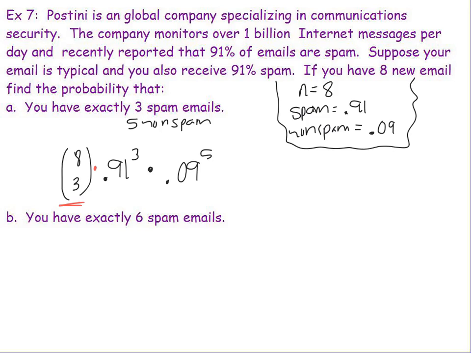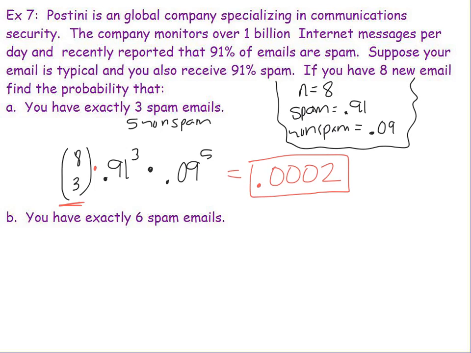Make sure you get out of the exponent, so use your right arrow, then times 0.09 exponent 5. And if you do that correctly, you should get a decimal of 0.0002. And if you remember from last class, we're going to consistently use 4 decimals.